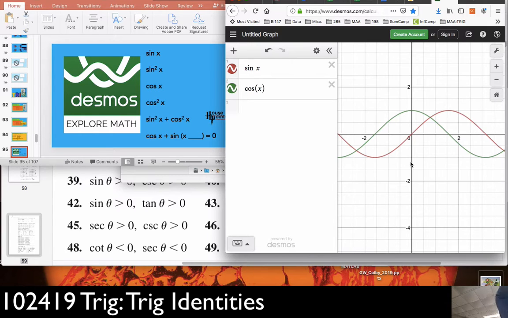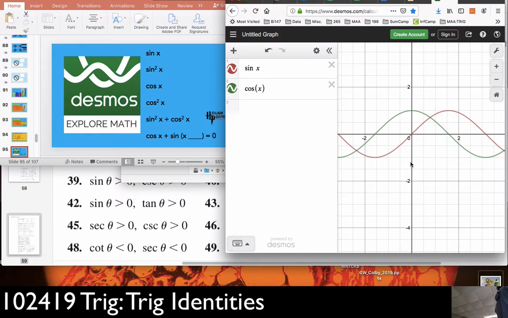So we have these two waves going along the x-axis, and they're similar to one another, but one is just shifted by 90 degrees. If you measure this distance right here, that is pi over 2, or 90 degrees.